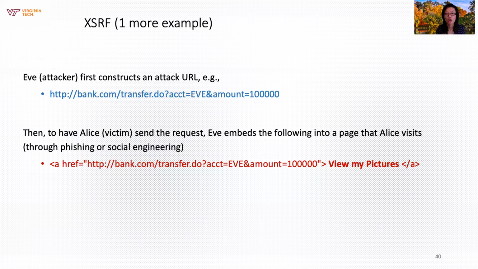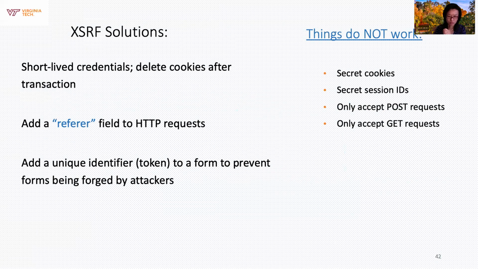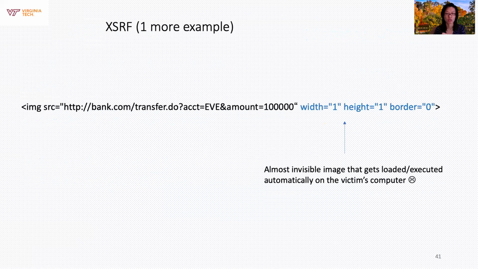The URL could be embedded in an email click, a phishing email, and so on. They can also be loaded automatically. If you embed this link and Alice accidentally clicks it, on the outside it says view my picture, but the link is really a URL request, a submission of a form.